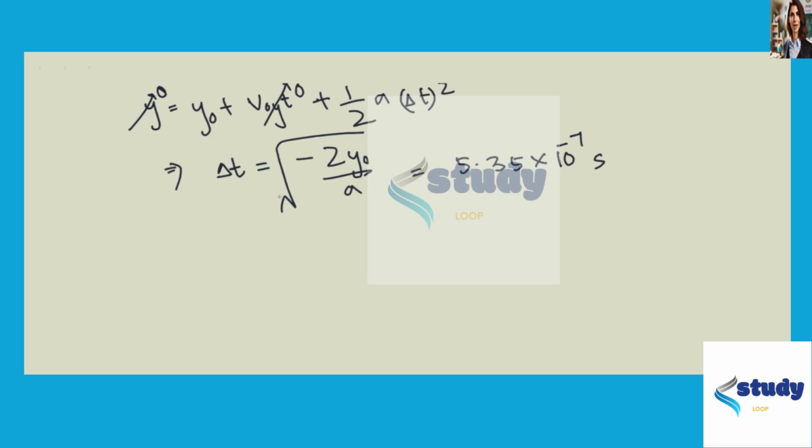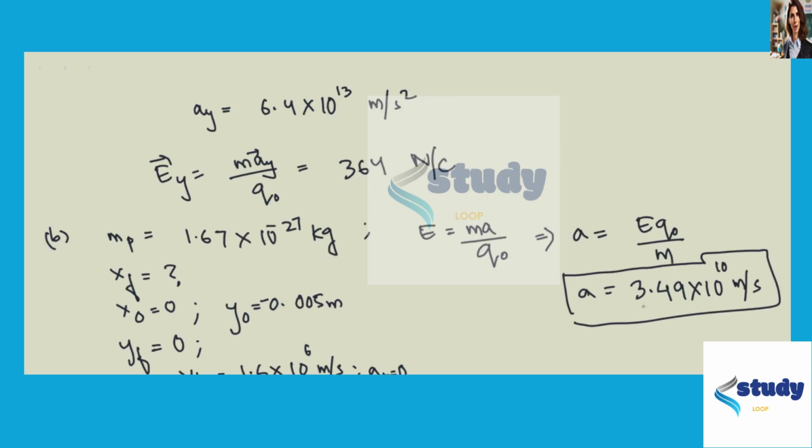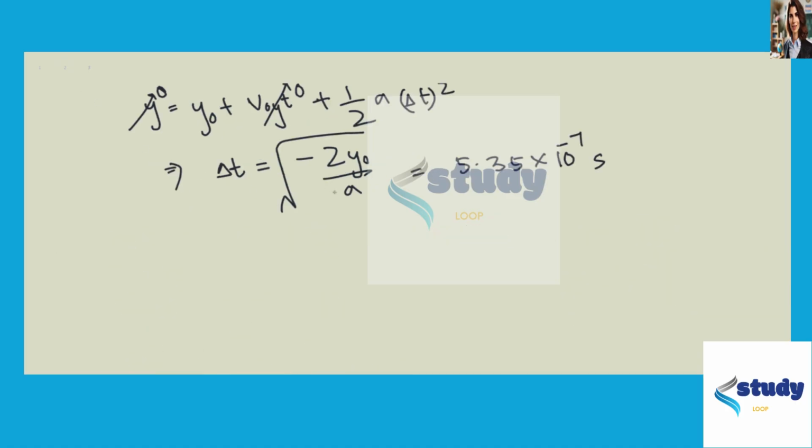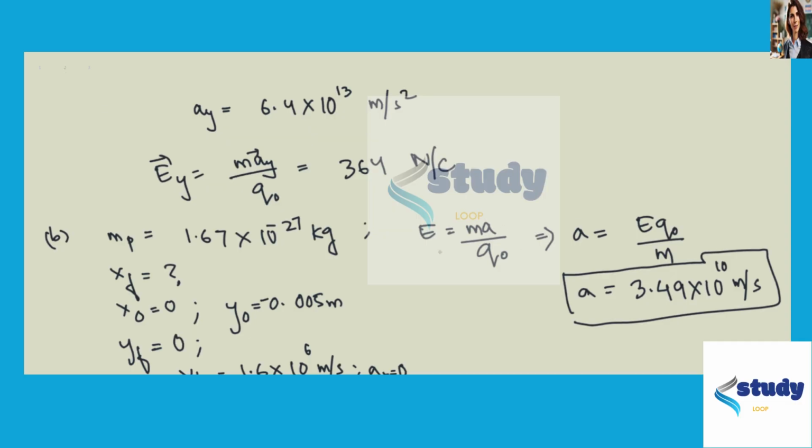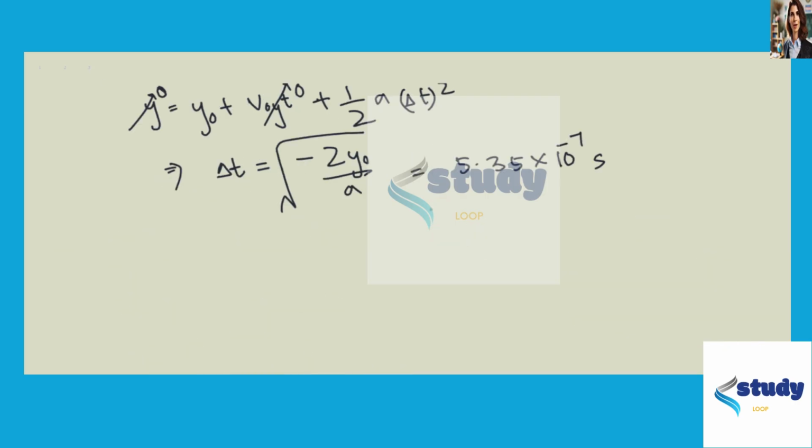While substituting the acceleration, we need to put a negative sign for the acceleration because it points downward. As the electric field is downward, the acceleration points downward as well. So while plugging in this value, we need to put a minus sign before it.